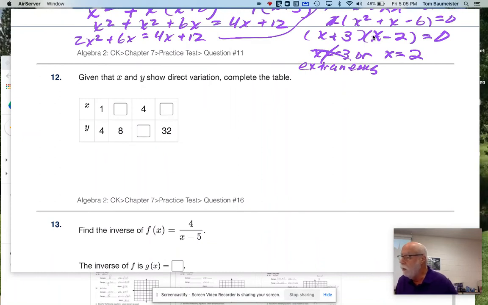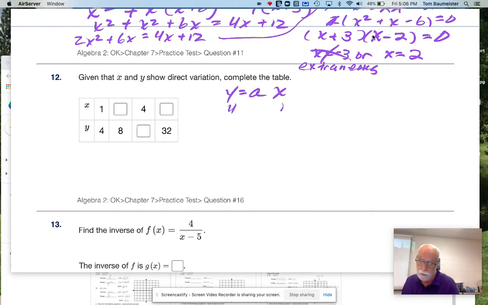Okay, number 12. Let's see. Given that x and y show direct variation, remember when I have direct variation, I can say that y is equal to a times x, where a is some constant. All right. So we know that if x is equal to 1, y has to equal 4.